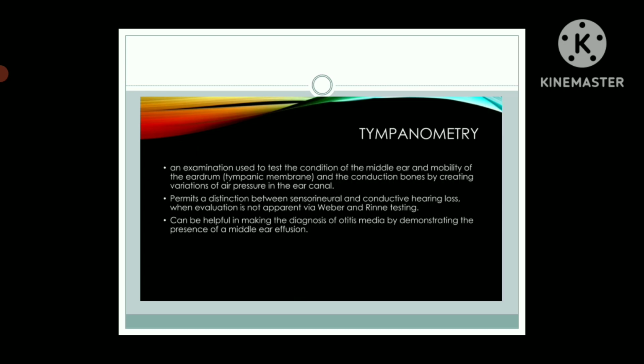Next is tympanometry. This examination is used to test the condition of the middle ear, the mobility of the eardrum and the conduction bones by creating variations of air pressure in the ear canal. It permits a distinction between sensorineural and conductive hearing loss when evaluation is not apparent via Weber and Rinne testing. It can be helpful in making the diagnosis of otitis media by demonstrating the presence of a middle ear effusion.